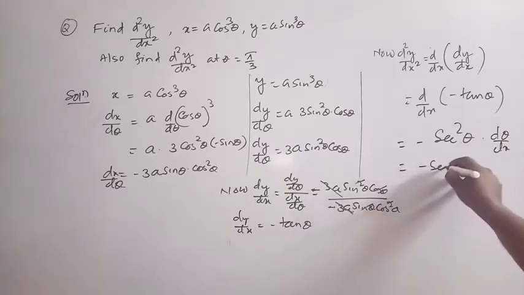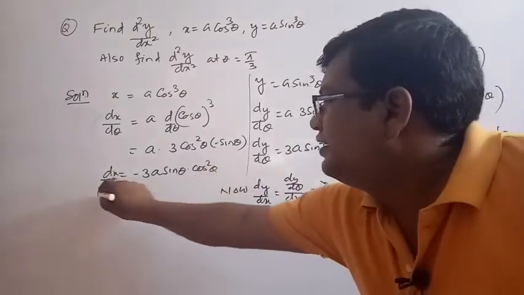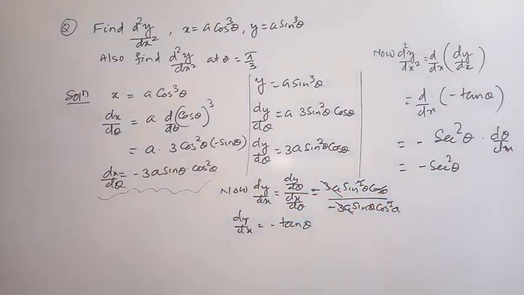This is the reciprocal of dx/dθ. So minus 1 by 3a sin θ cos²θ.